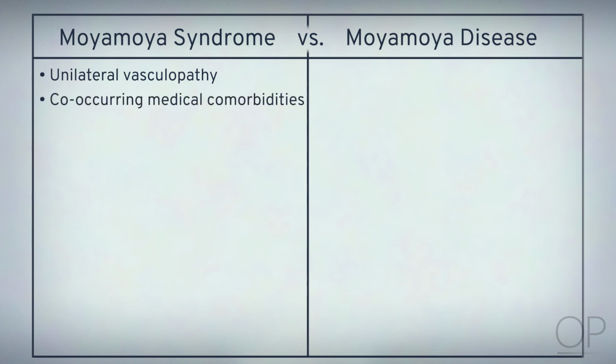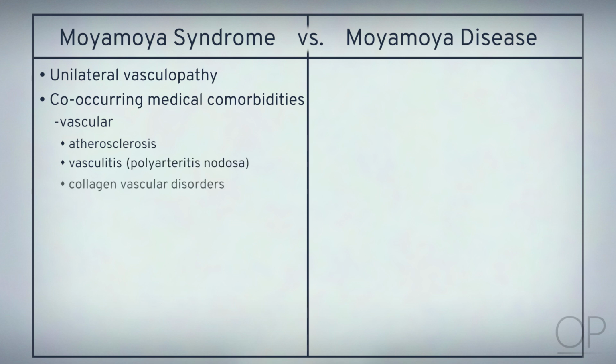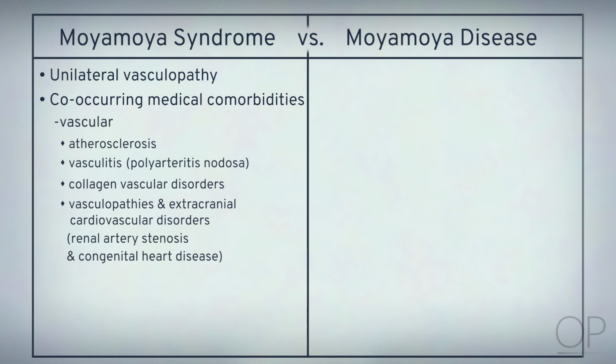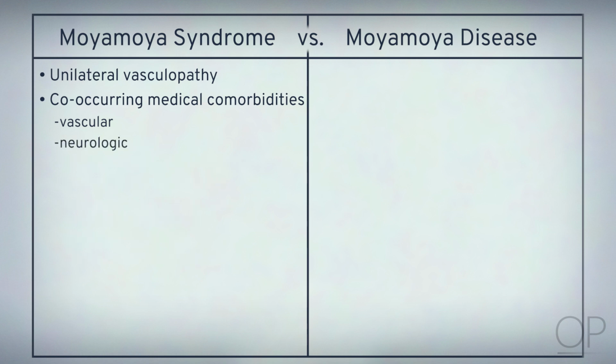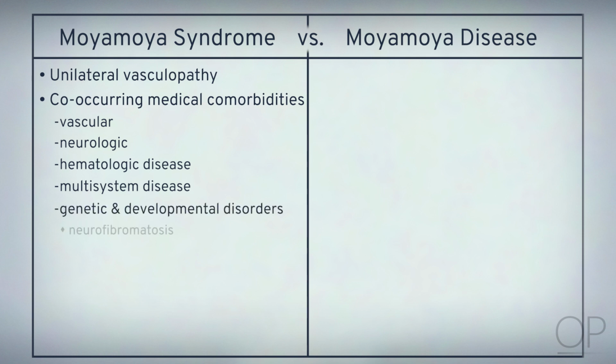Common associated diseases and conditions include vascular conditions such as atherosclerosis, vasculitis, polyarteritis nodosa, collagen vascular disorders, vasculopathies and extracranial cardiovascular disorders, renal artery stenosis and congenital heart disease, neurologic disorders such as cranial trauma, brain tumors, and cerebral infections, hematologic disease such as sickle cell disease, and multisystem disease such as lupus and Graves' disease, and genetic and developmental disorders such as neurofibromatosis and trisomy 21.